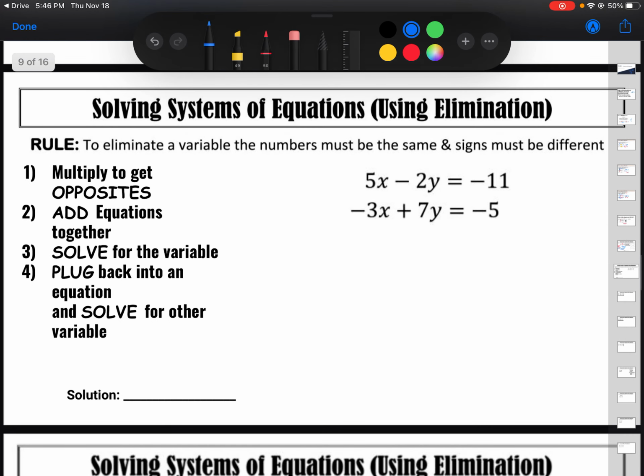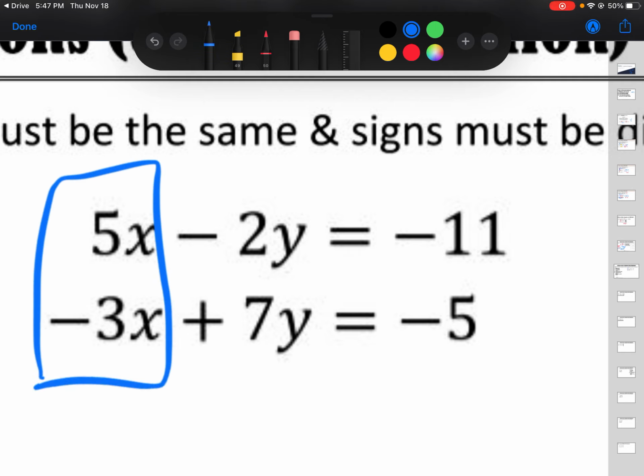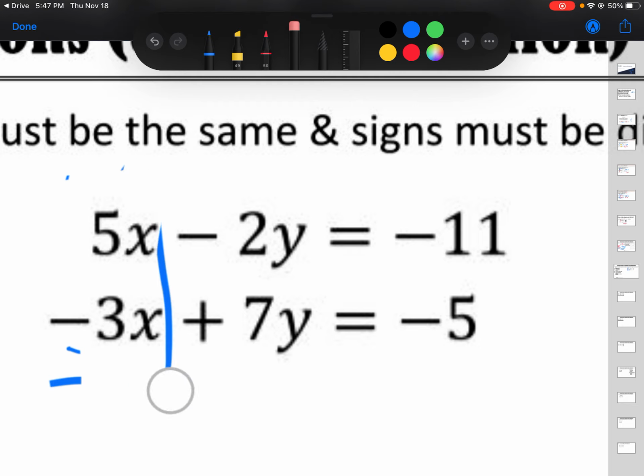All right, next equation. We have 5x minus 2y equals negative 11. Negative 3x plus 7y equals negative 5. So let's focus in on just the x's first. Is there a way that this negative 3 can become a 5 easily? Nope. Not with one move. And the y's.